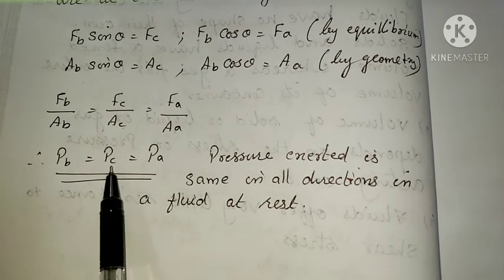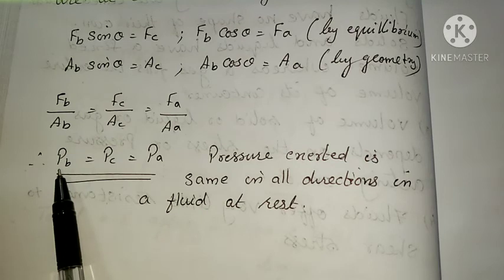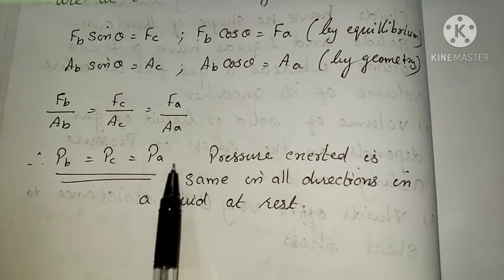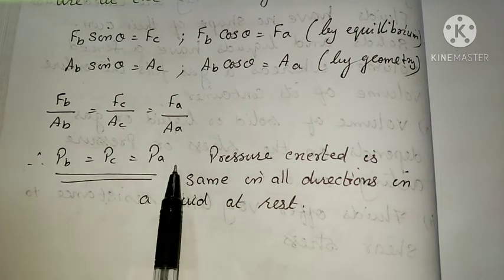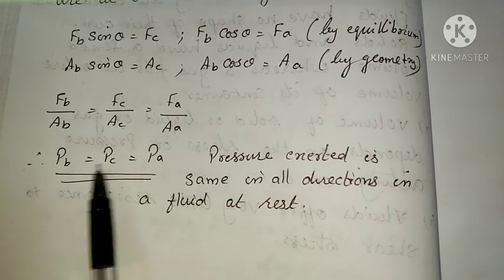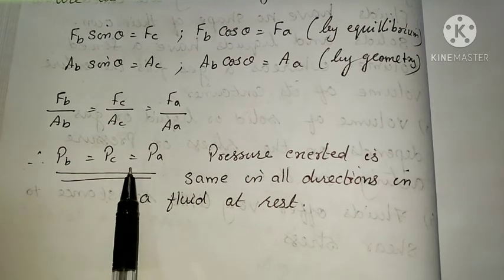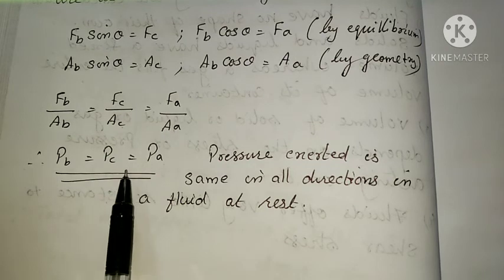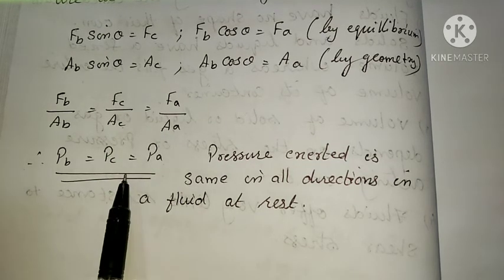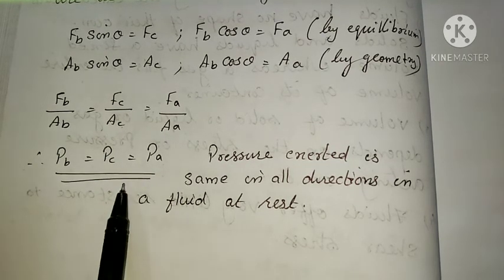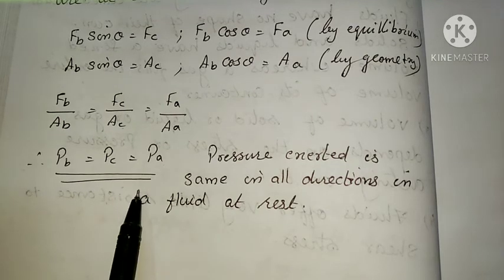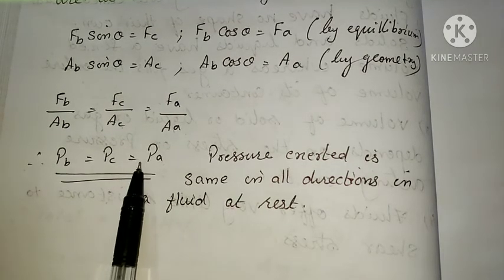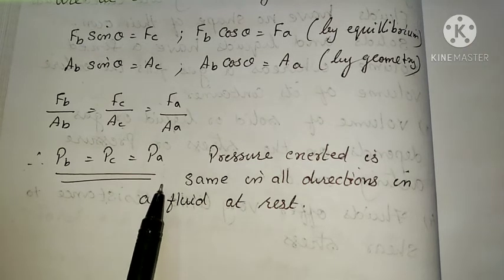This activity proved that pressure exerted is the same in all directions in a fluid at rest. That is PA equal to PB equal to PC. So, this proves Pascal's law of transmission of fluid pressure.